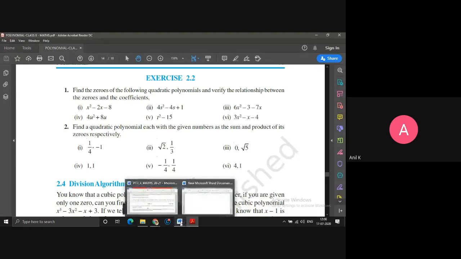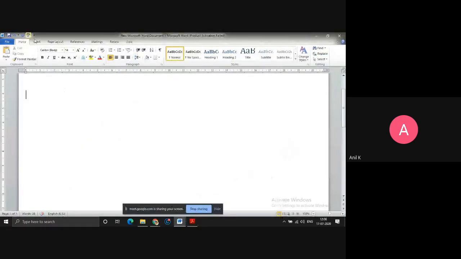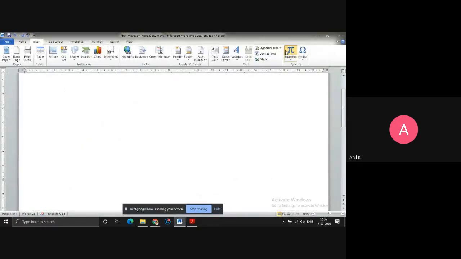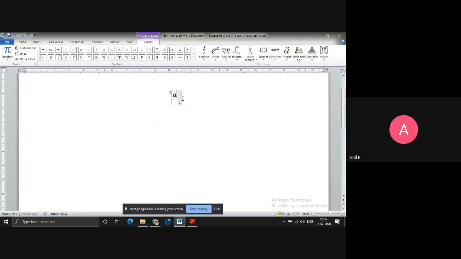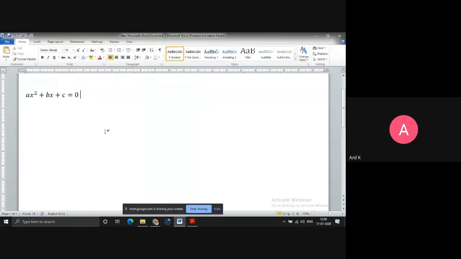Before you go to solve the example, let me write the general form of a quadratic equation: ax square plus bx plus c is equal to 0. This is the general form which we discussed. Now what you have to do is, in the same equation, divide every term by a.